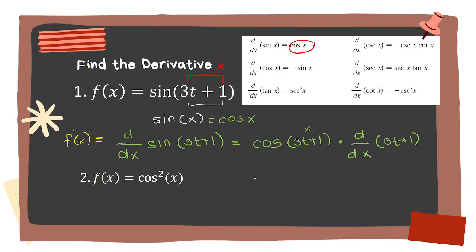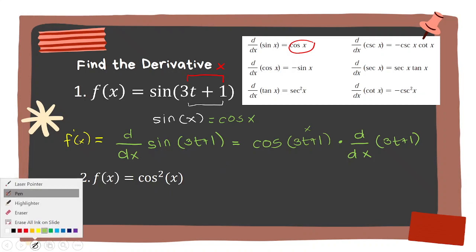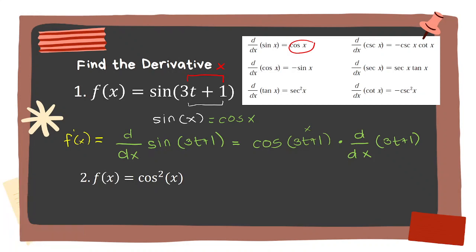So, what's the answer? Our answer will become cosine 3t plus 1. What's the derivative of 3t plus 1? It's just 3, right, Mr. Yaya? So, times 3. So, the answer is 3 cosine 3t plus 1.